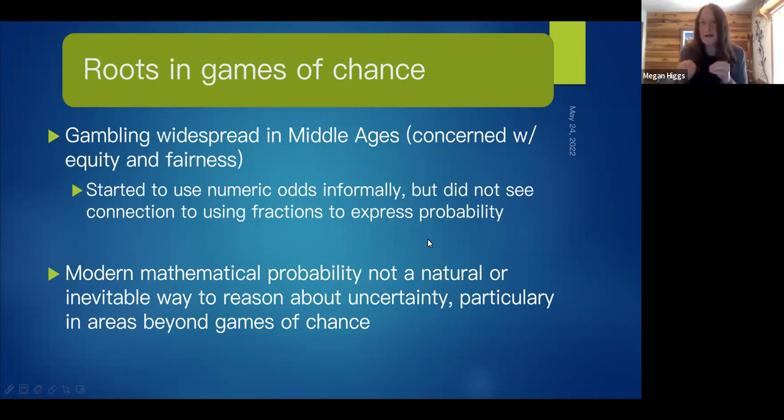So they weren't using that to express probability. I think it's pretty easy to argue from history, and I think Weisberg does a good job of setting this out, that modern mathematical probability is not a natural or inevitable way to reason about uncertainty. It came about because of lots of historic events and other things going on in society and culture at that time.